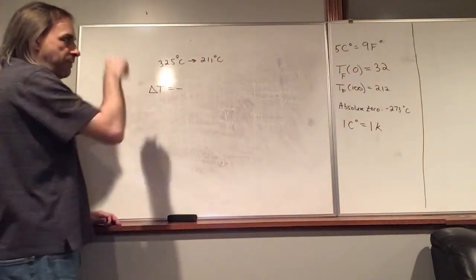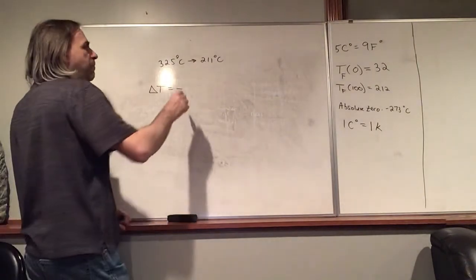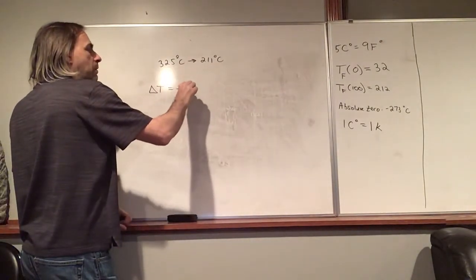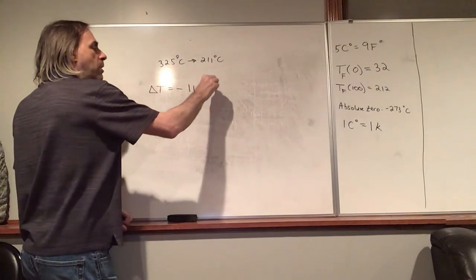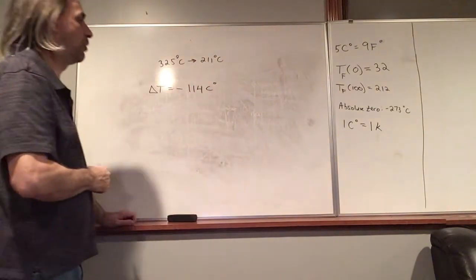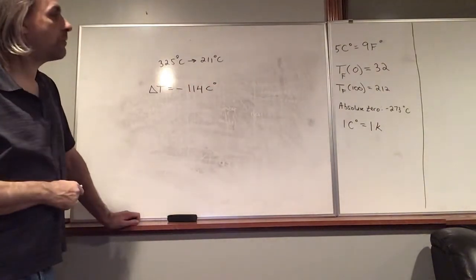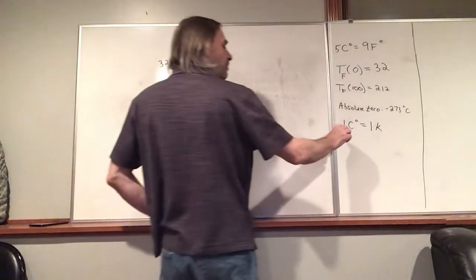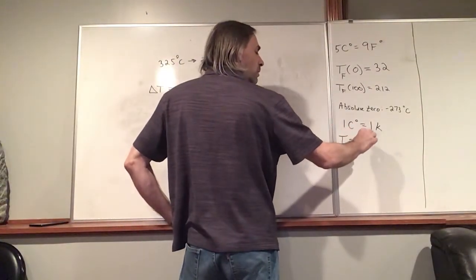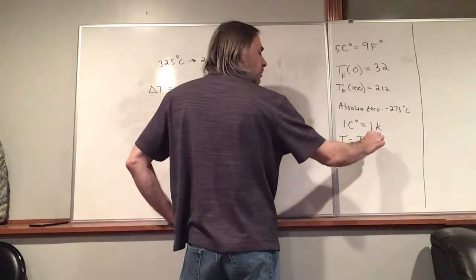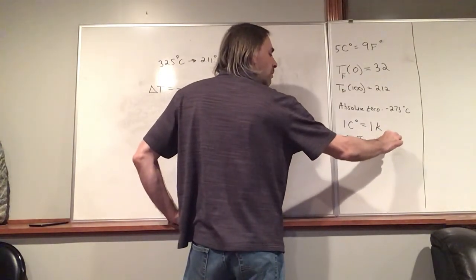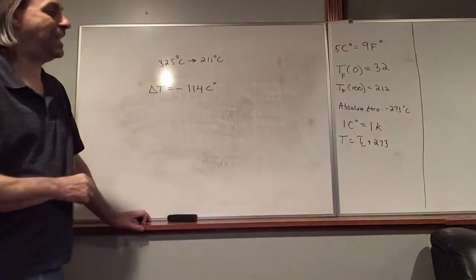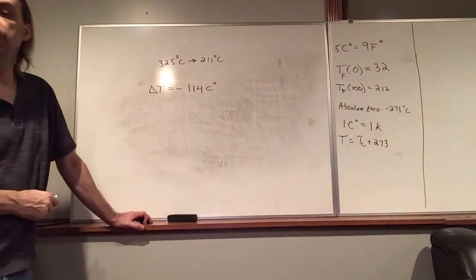It's going to be negative. 325 minus 211, what's that? Minus 114 Celsius degrees. Okay, now I erased the equation. But basically T is Tc plus 273.